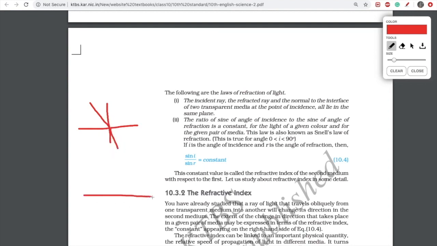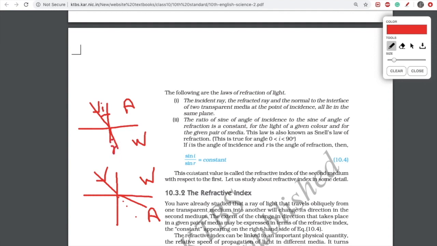If it is going from water to air, it will bend away from the normal. When it is traveling from air to water, the angle of incidence is towards the air, and the angle of refraction is towards the water.